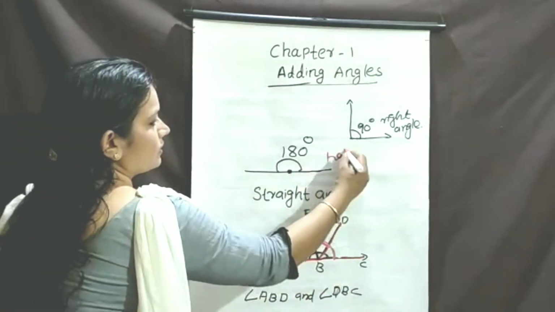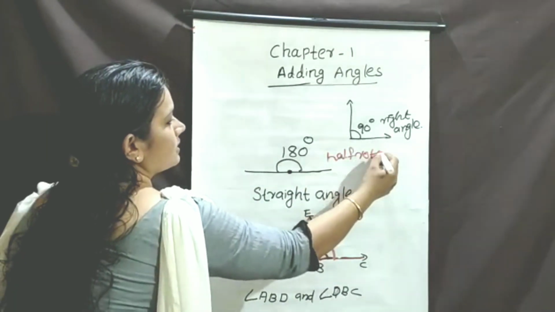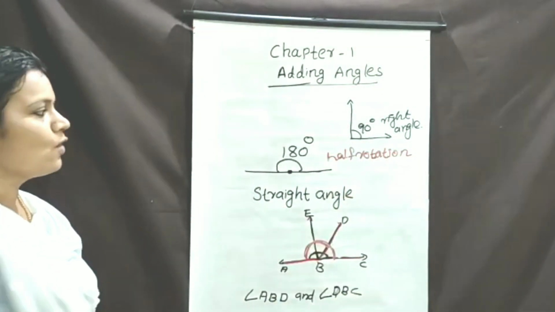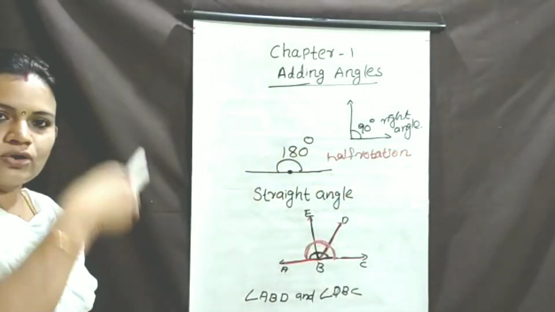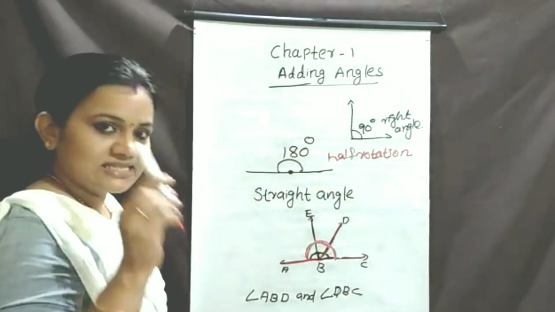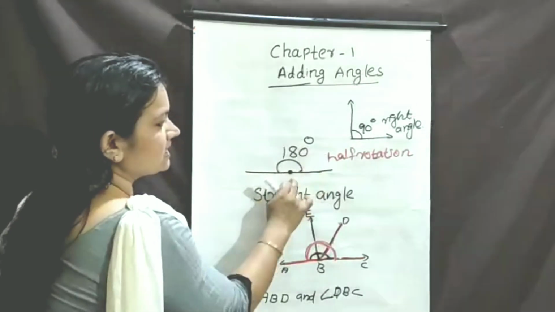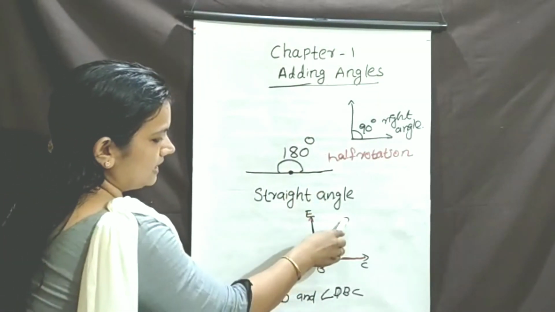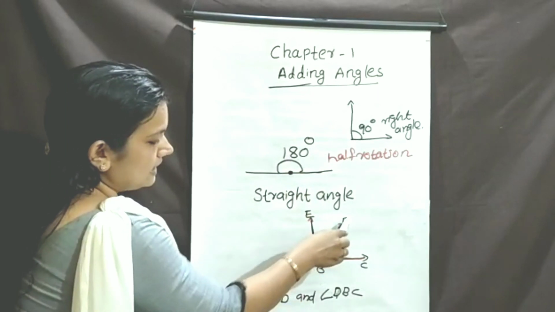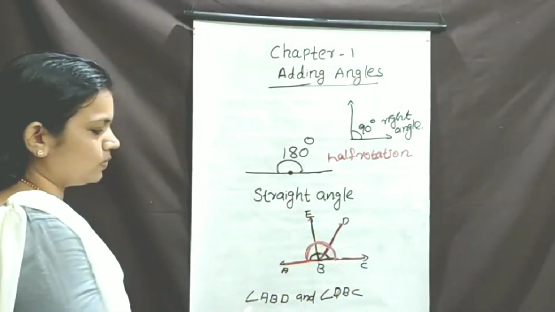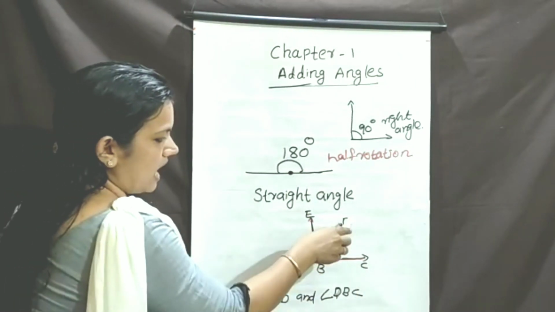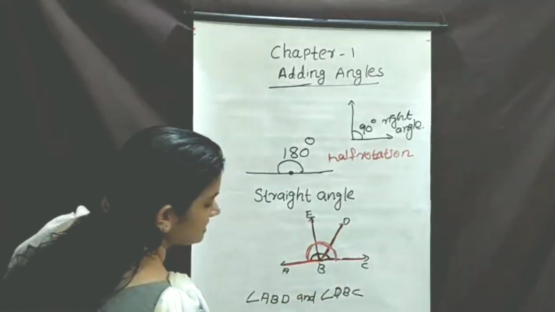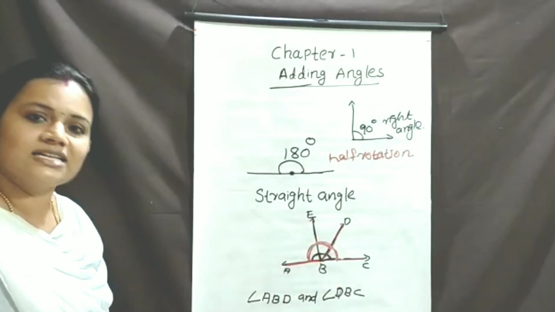This is also a half rotation. What is the angle of a half rotation? 180 degrees. Full rotation 360 degrees, half rotation 180 degrees. But angle ABD and angle DBC, what is the relation between them? It is a straight angle. Understood?